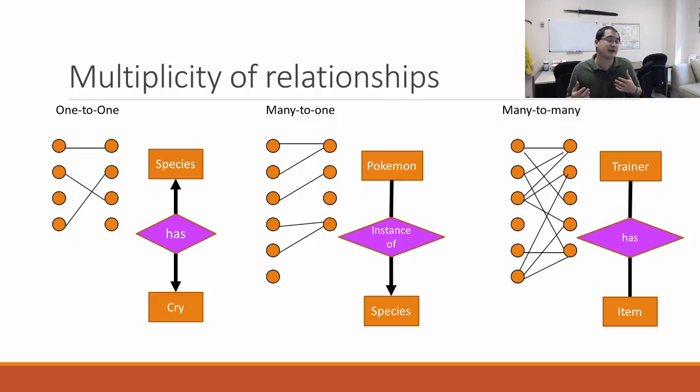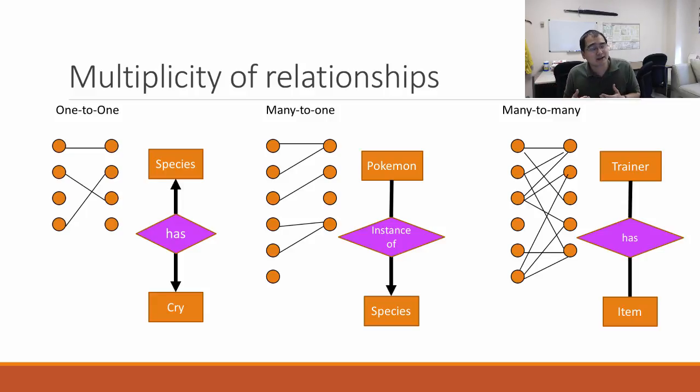And so what this is saying is, okay, Pikachu has a particular cry, Rattata has a particular cry. Each cry is unique to a given species, but this doesn't say necessarily that every species must have a cry. It can have 0 cries, or at most 1 cry, and each cry can have 1 species or 0 species. So one-to-one is really at most 1 to at most 1.